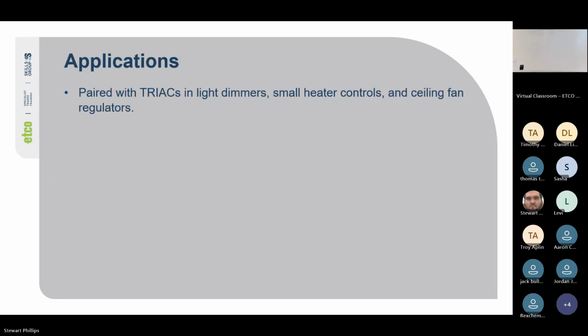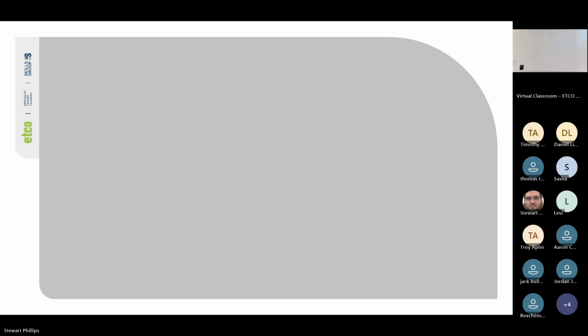Cool. So some applications. When we pair it with triacs, we can use it in light dimmers, small heating controls, and ceiling fan regulators. And it provides symmetrical triggering and stable phase angle control. Cool.